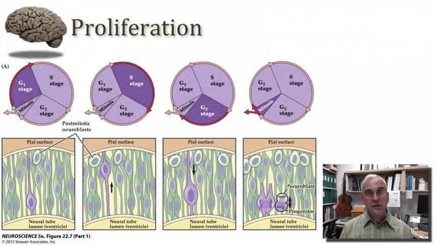Well, once regional identity has been established along the length of the developing neural tube, the next major challenge is proliferation, making the cells that are necessary to properly populate the gray matter structures of the developing brain and spinal cord. And proliferation is just mind-boggling in the developing nervous system.